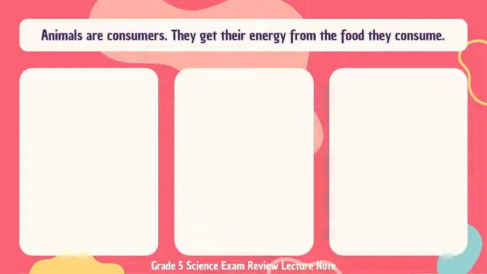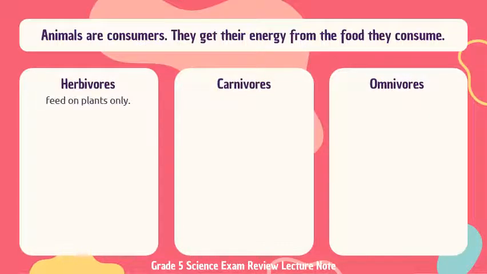And according to their food diet, animals are classified into three different types: herbivores, carnivores, and omnivores. Herbivorous animals feed on plants only, while carnivorous animals consume animals only. Omnivorous animals are organisms that feed on both plants and animals.